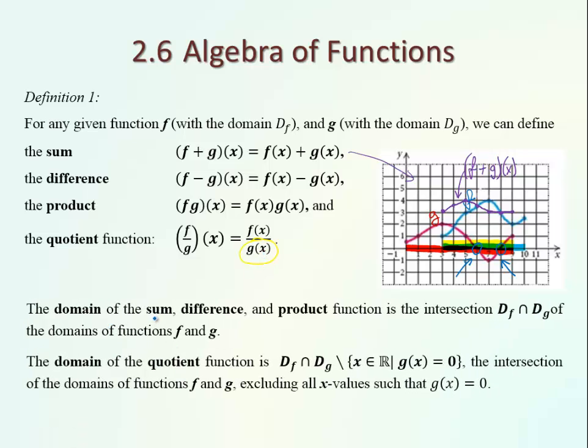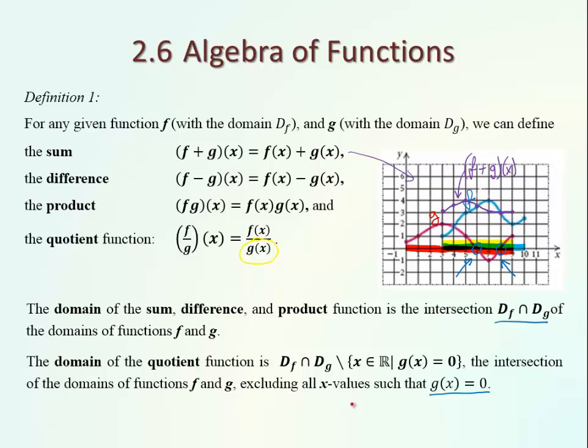Therefore, the domain of sum, difference, and product of two functions is the same as the intersection of the domains of the two functions. However, the domain of the quotient of two functions is the intersection of the two domains diminished by the set of zeros for the denominator. So we need to exclude the x values such that g of x, the bottom function, will be 0.